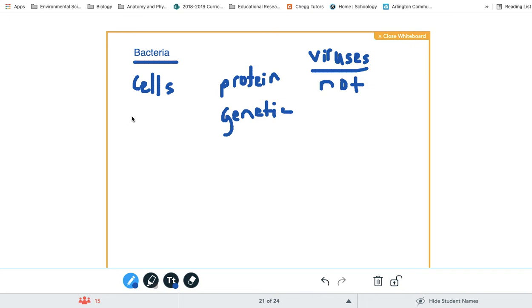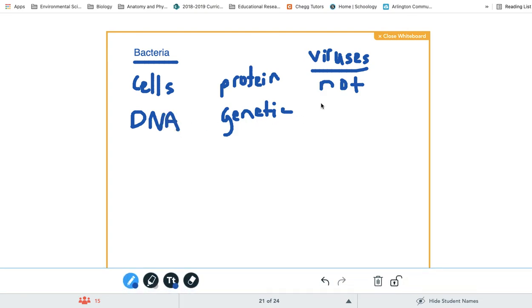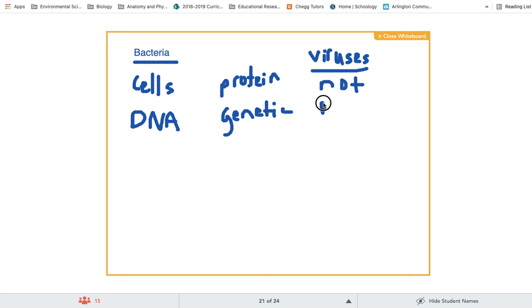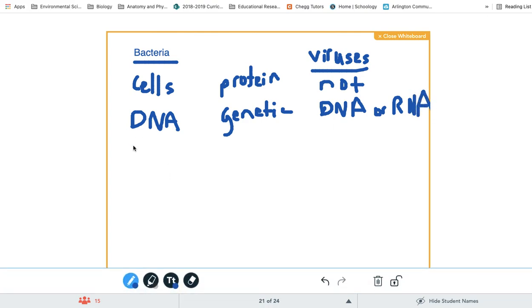Bacteria, inside where they store their genetic material, is going to be DNA, while viruses can be DNA or RNA. Bacteria can reproduce.